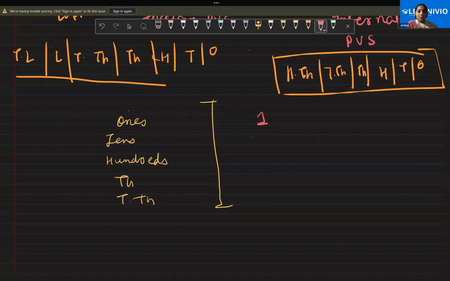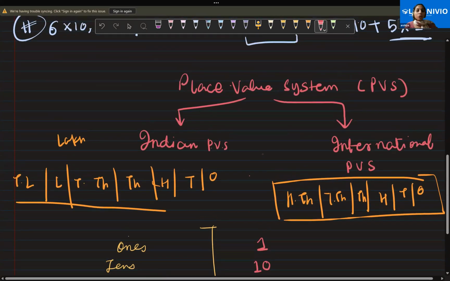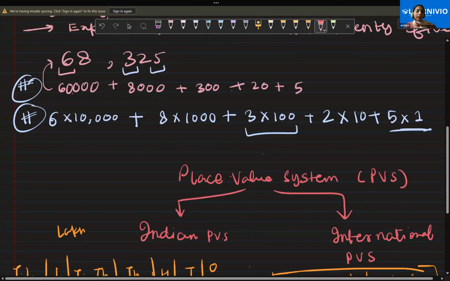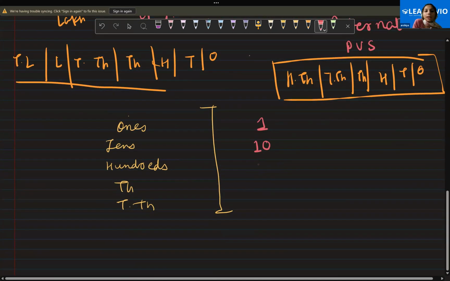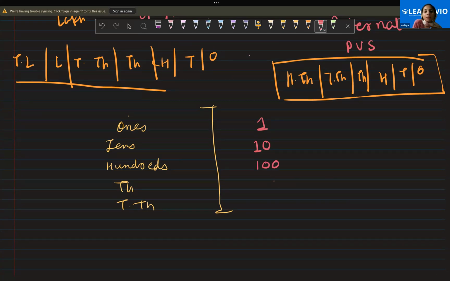When I talk about the tens place, I am increasing it to two digits, as if multiplying by 10. For hundreds, how many zeros should be there? Two zeros. What about thousands? Three zeros. Very good. What about 10,000s? Four zeros.